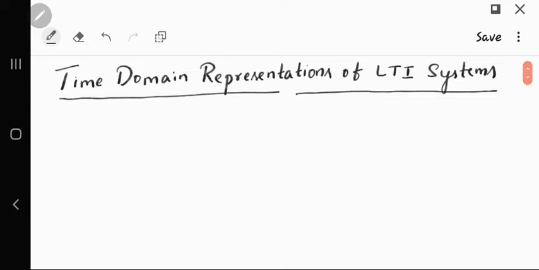Now an LTI system can be represented in different methods.